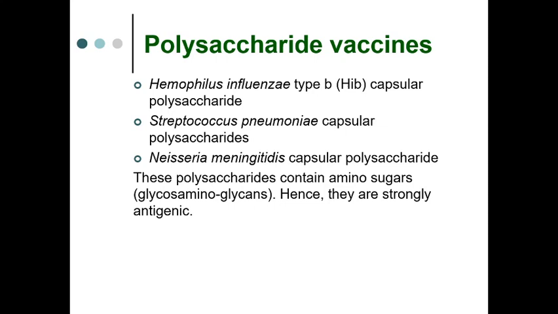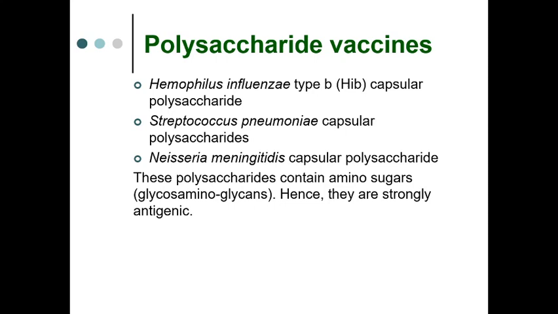Coming to the polysaccharide vaccines, these are the polysaccharides that are present in the capsular region of the bacteria, and they could be of two different types. One group of polysaccharides could contain glycosaminoglycans, that is amino sugars, which are found to be strong antigenic determinants.